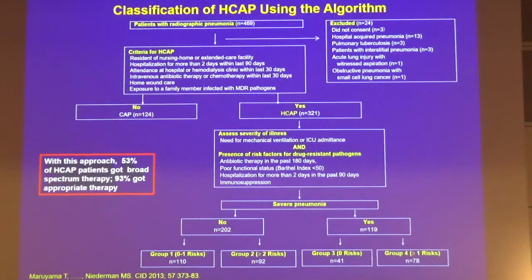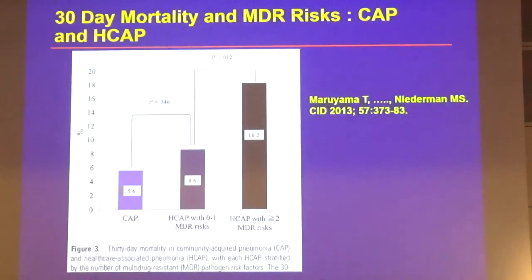The higher risk population, the non-severe pneumonia with more than one risk factor, or the severe pneumonia with one risk factor, ended up getting broader spectrum therapy directed at multi-drug resistant pathogens. But again, only half of these patients got broad spectrum therapy, and most of them got appropriate therapy.